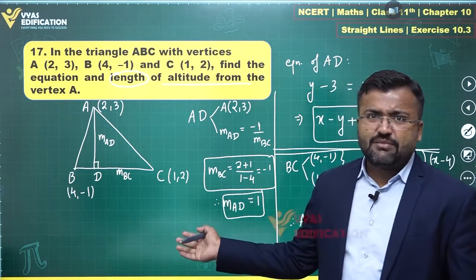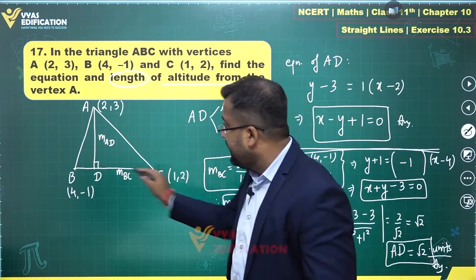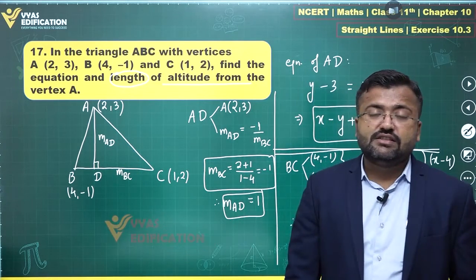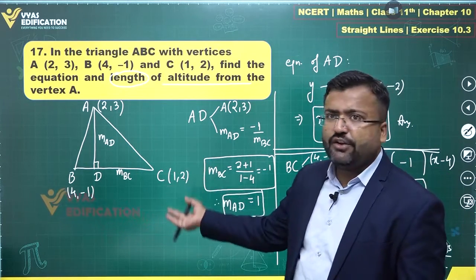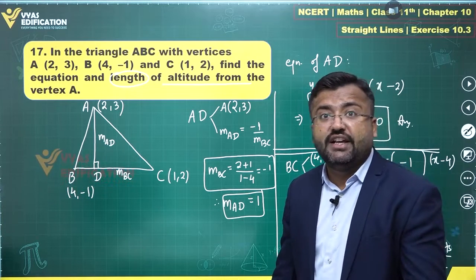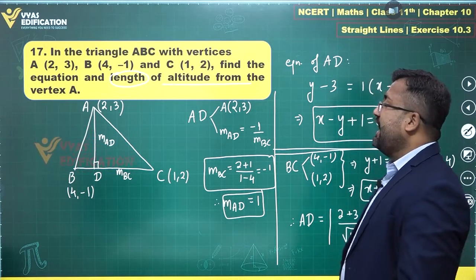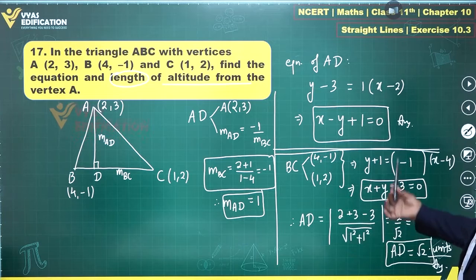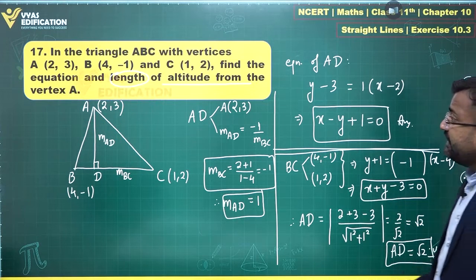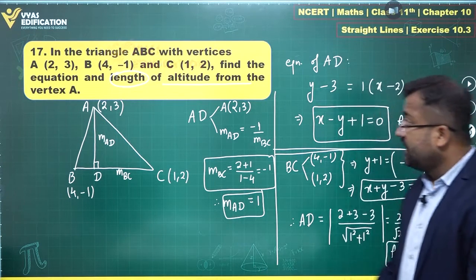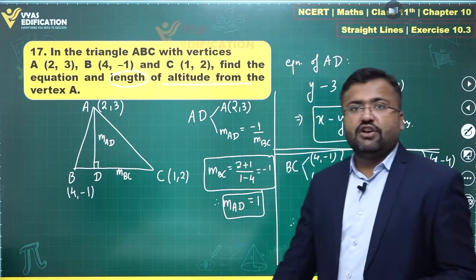So if you can find the angle bisectors of 2 lines, then you can find 2 angle bisectors and find the point of intersection to get the in-center of the triangle as well. So this is the complete analysis. We have found the altitude and the length of perpendicular for this question, as you can clearly see behind me over here. That's all in this question.